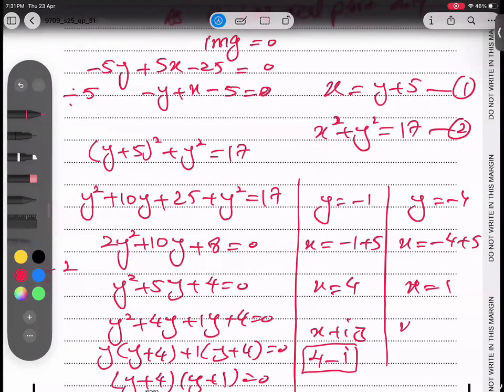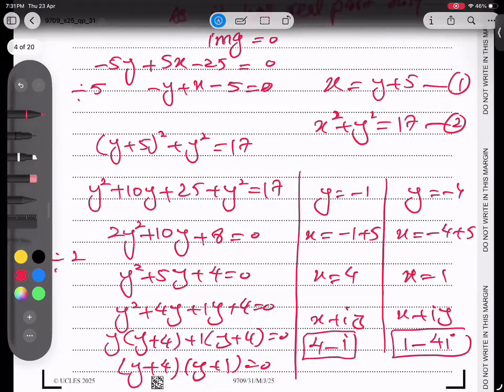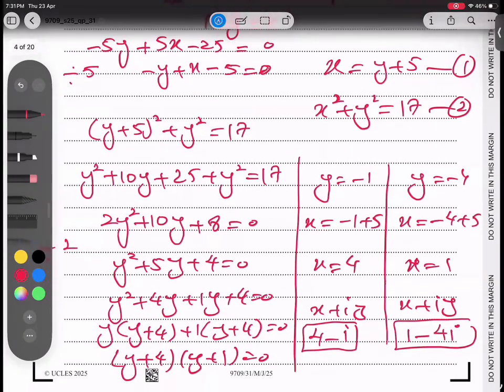So finally, x plus iota y, I'm looking for x is 1 and y is -4. So I'm writing here 1 minus 4 iota. I hope the concept of the question is completely clear and we have done it.